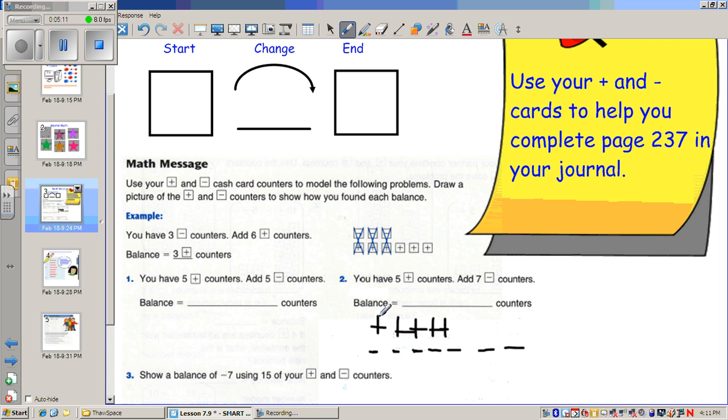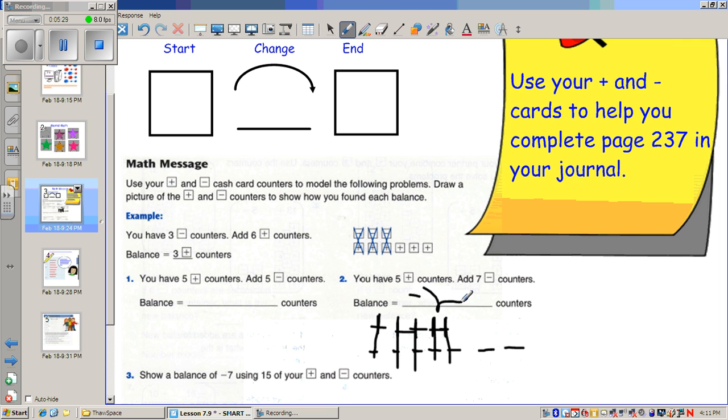So if I cancel them, I just draw a line through 1, 2, 3, 4, and 5. I am left with 2, and it is negative. So your balance would be negative 2.